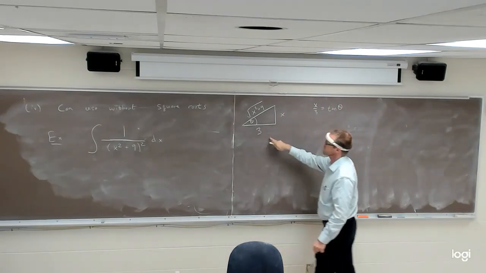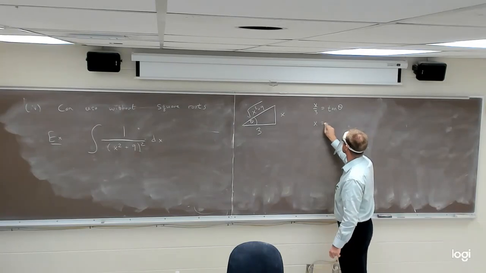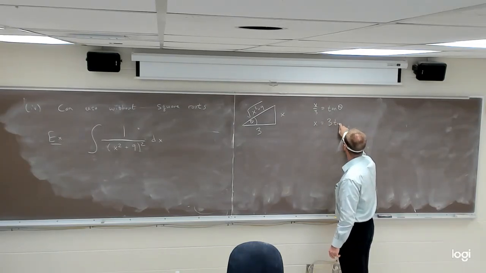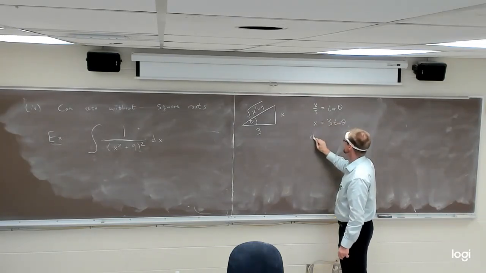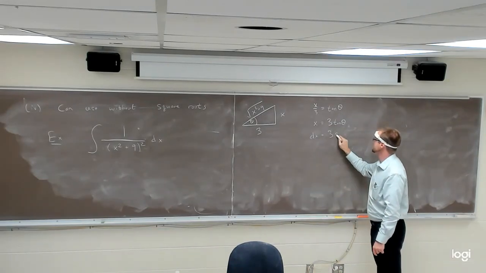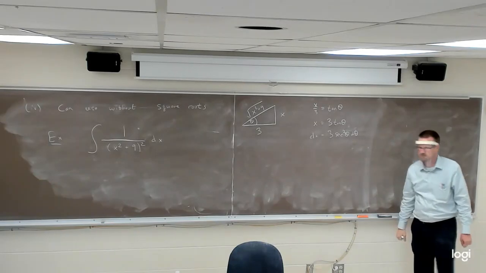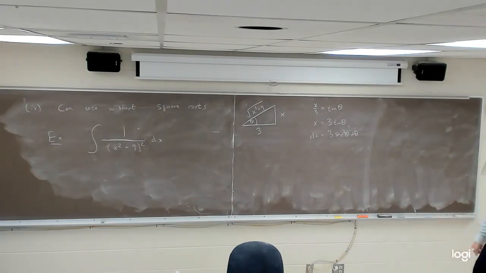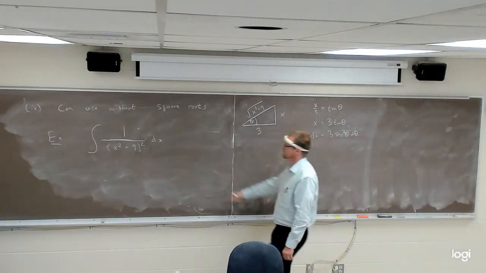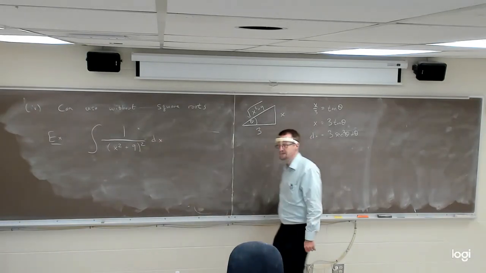Right, opposite over adjacent. So x is 3 times the tangent of theta. And differentiating, dx is 3 sec squared theta d theta. So I'll need that to put in place of the dx.